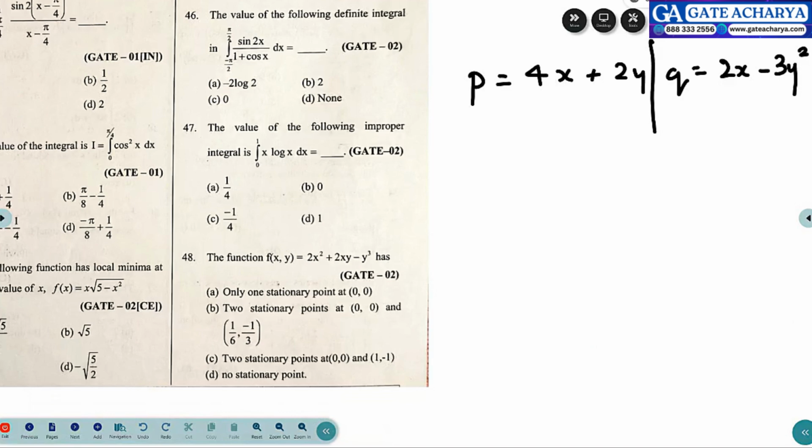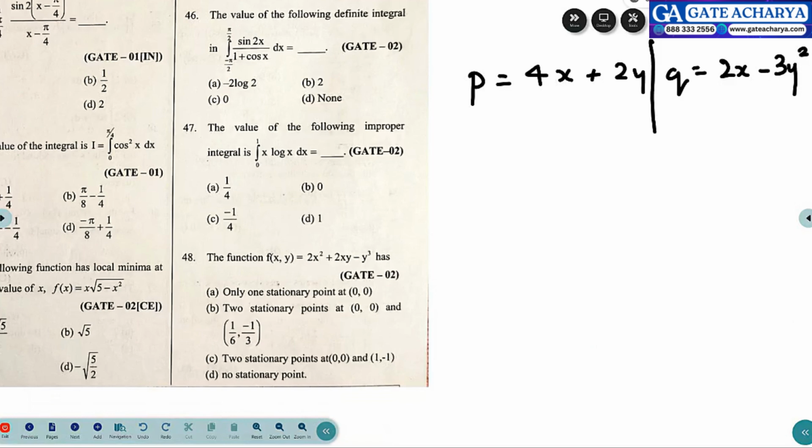The point is already given in the option. You have to just investigate at the one particular point, 0, 0. You don't have to find all the extrema. It's quite tedious to solve it, because one term is y square and it's very difficult. It's not that easy. So just find it at which point?